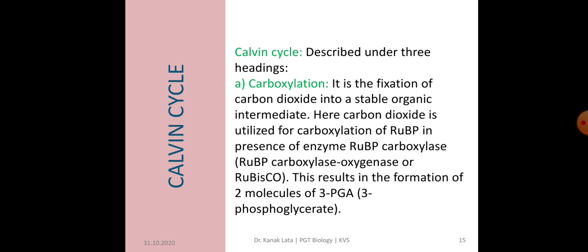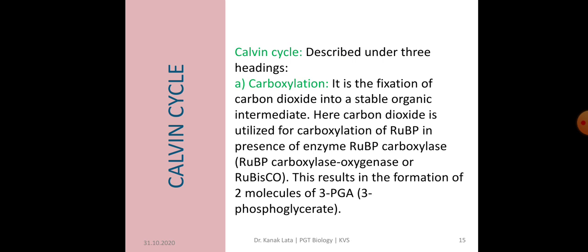Calvin cycle is described under 3 headings, that is carboxylation, reduction and regeneration. So let us discuss here one by one. First we will discuss carboxylation. Carboxylation means fixation of carbon dioxide into a stable organic intermediate.